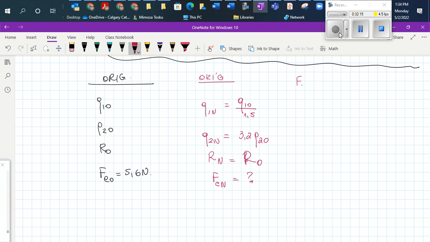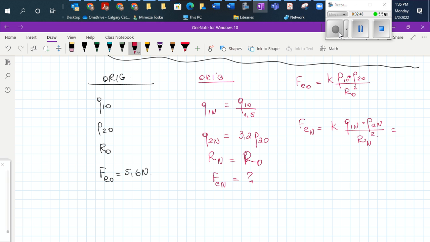Now again, the original electrostatic force is K, Q1 original, Q2 original over the distance original squared. Based on Coulomb's law, the new electrostatic force can be calculated as K, Q1 new, Q2 new over the distance new squared. Let's plot now what we have here.